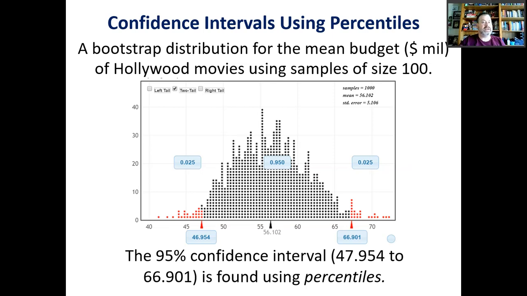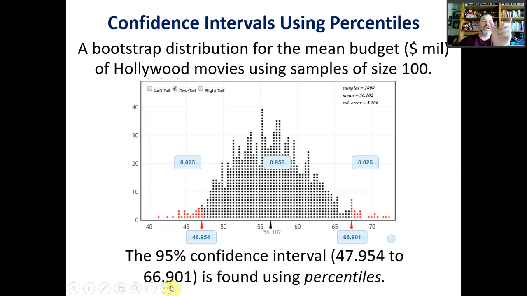Again, this is not a sampling distribution, but the idea is that it is a stand-in for the sampling distribution. And so this confidence interval tells us that 95% of the dots in this distribution are contained in this interval.